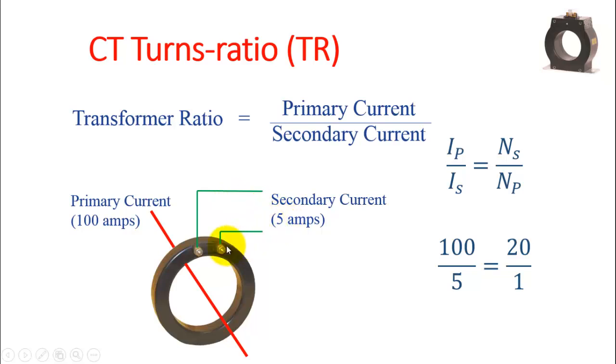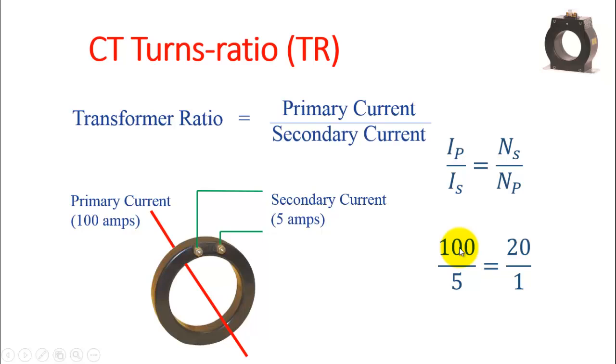It means that a primary conductor will be considered as only one turn and the total current in the primary circuit is 100 ampere and the output of this CT is fixed, which is 5 ampere. So what will be the ratio? The ratio will be 20. So the secondary turns must be equal to 20 in order to produce this CTR.